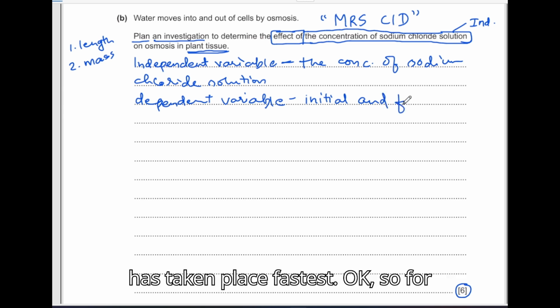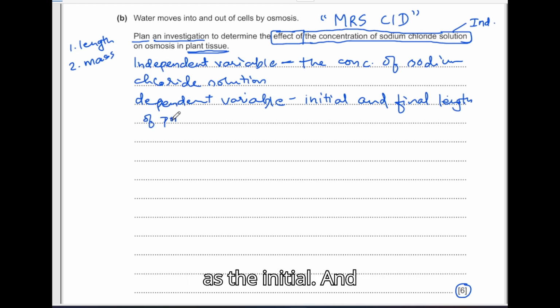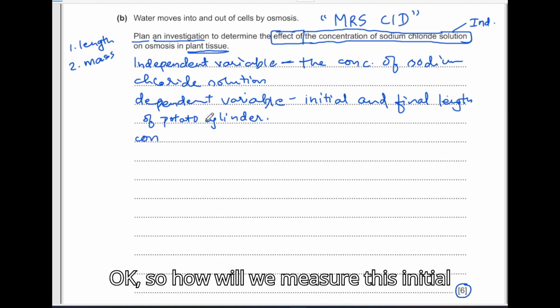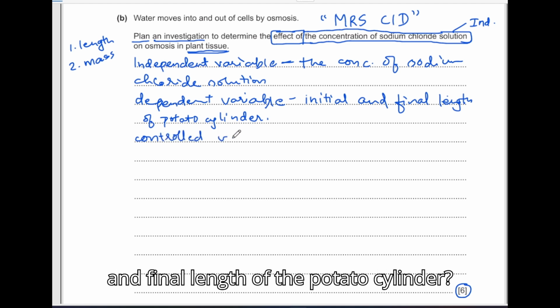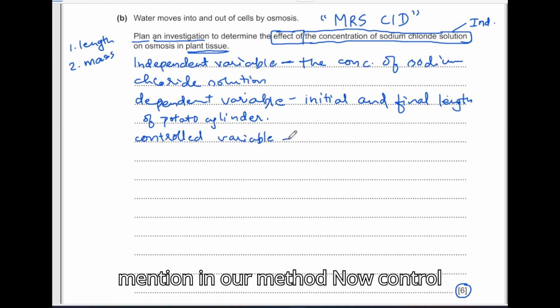For now, let's take the dependent variable as the initial and final length of potato cylinders. We will measure this using a ruler, which we will mention in our method.